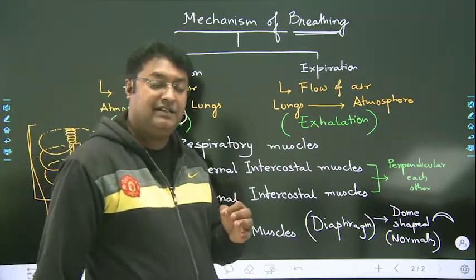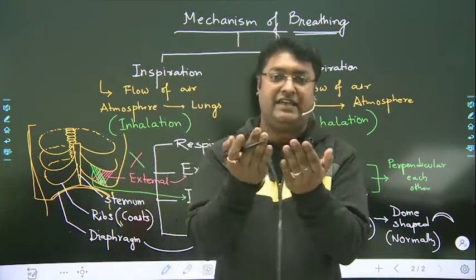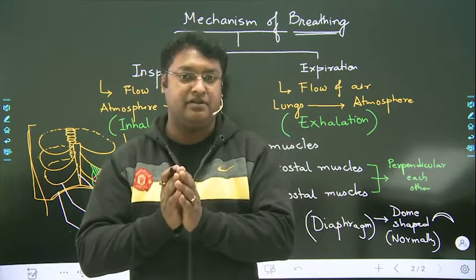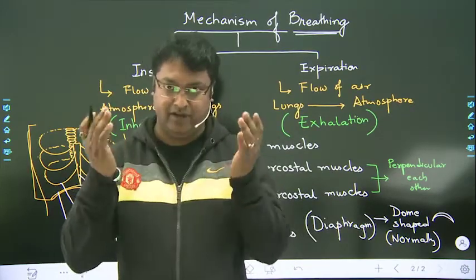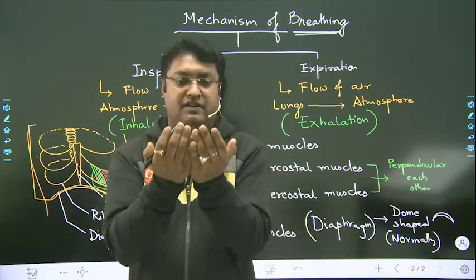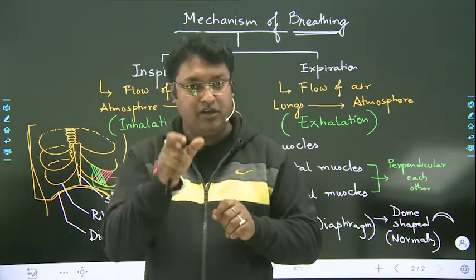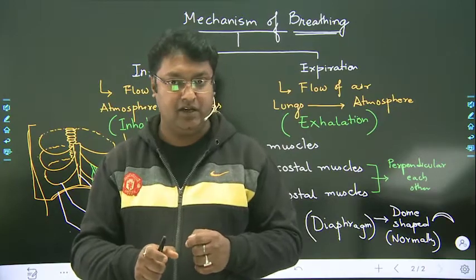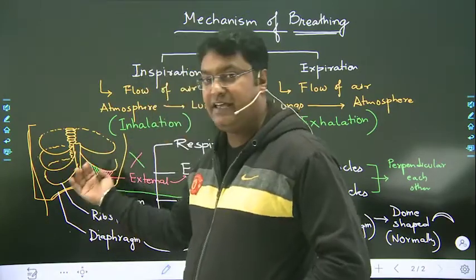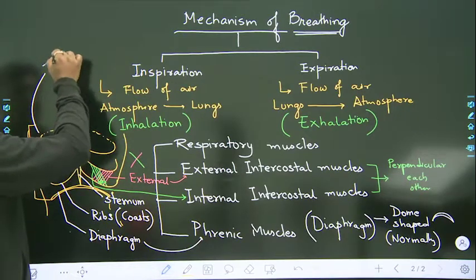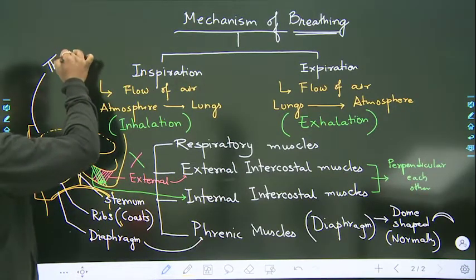So we can see that there is a cage-like appearance formed by the ribs attaching themselves ventrally to the sternum and dorsally to the vertebral column. Clear? This cage-like appearance is called the thoracic cage.